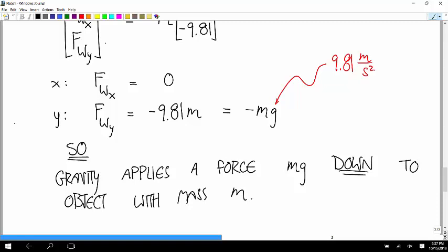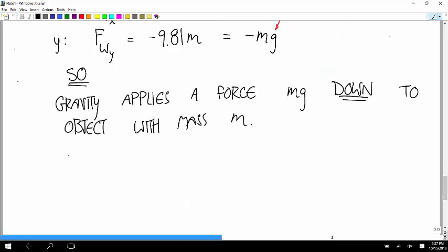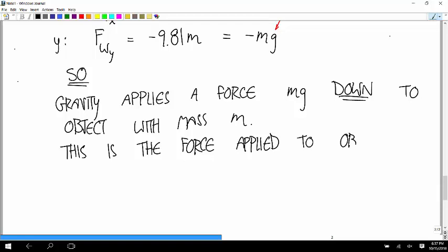And we use free fall conditions to calculate this. But this is true whether the thing's in free fall or not. So this is a force applied to an object no matter what else is happening to the object.